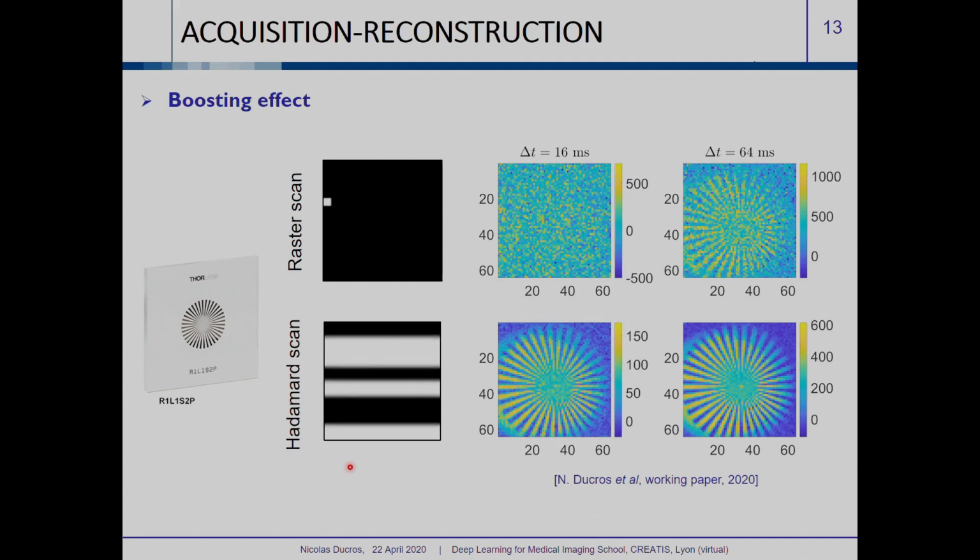This is illustrated here. You can see the different patterns uploaded onto the spatial light modulators, and the images that can be reconstructed for different acquisition times. The higher the acquisition time, the higher the signal-to-noise ratio. If you consider a short acquisition time, so high noise, you are not able to recover the image with the raster scan, while you are able to recover it using the Hadamard scan.